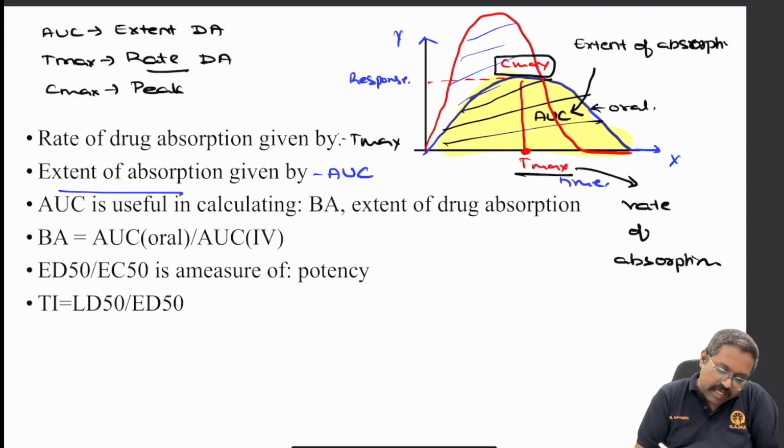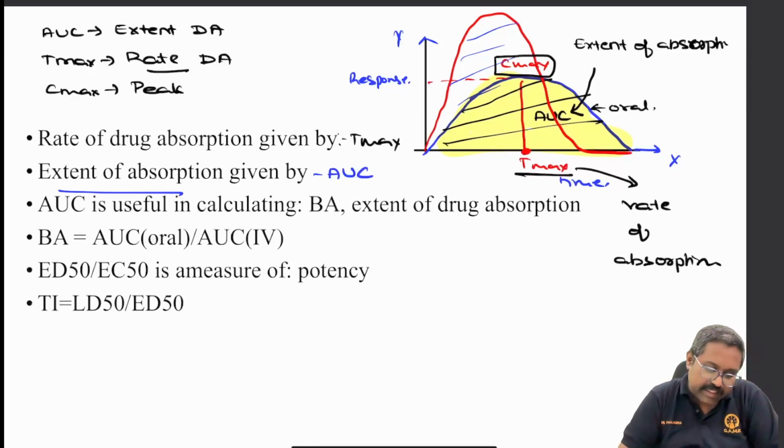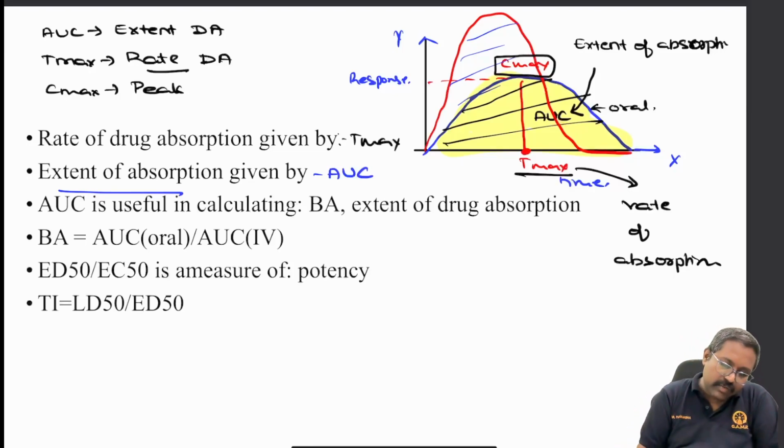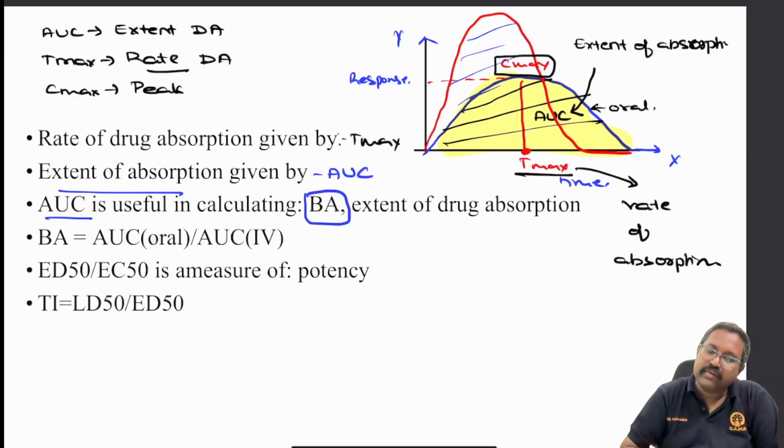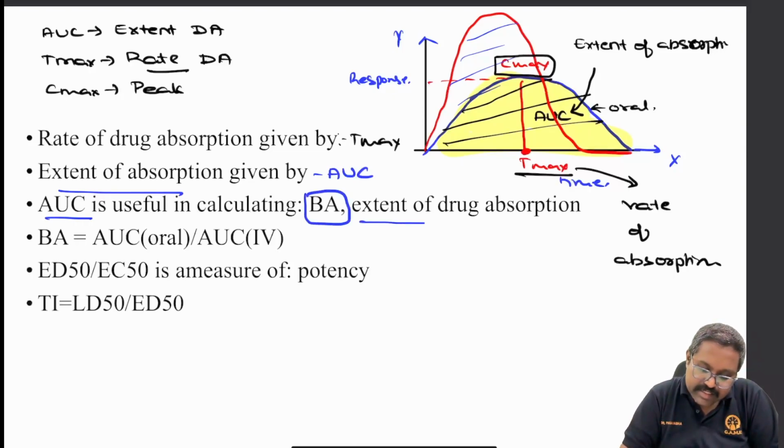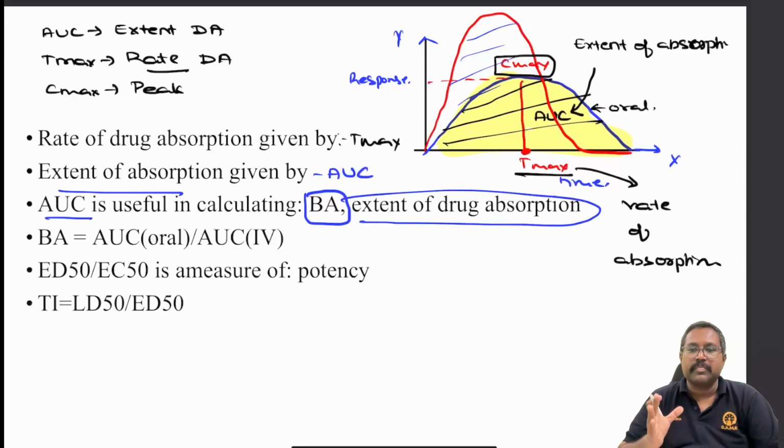So how do you calculate the area under the curve? Area under the curve is useful in calculation of the bioavailability and also the extent of drug absorption. So basically area under the curve will give you the bioavailability of the given drug.